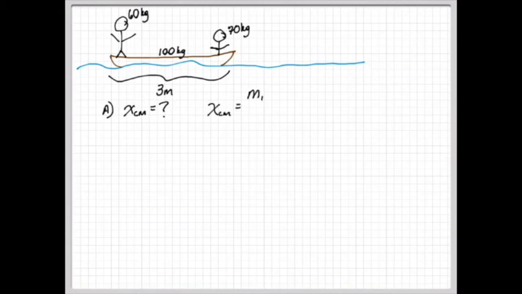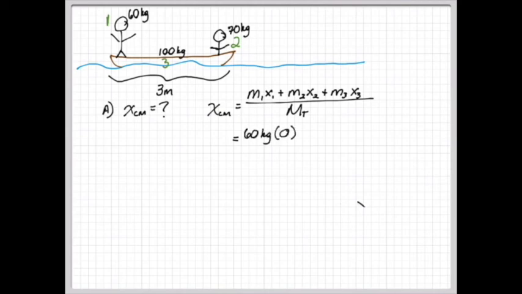So we do this in the usual way. We'll pick the first person, the 60 kilogram person, to be at the origin. That'll be mass 1. Mass 2 is the 70 kilogram person, and mass 3 is the boat. Let me write those up here. So you've got 60 kilograms at the origin plus 70 kilograms at 3 meters.